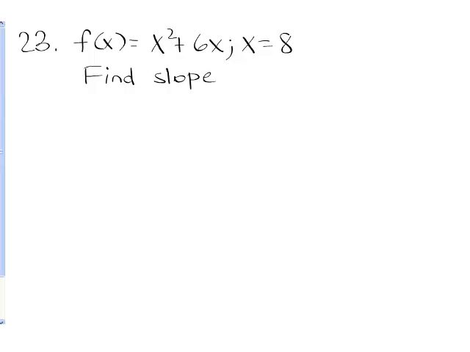So let's look at 23. I'll get us started. Okay, and you can double check. Okay, so on this one we want to find the slope at x equals 8, and we're going to have to use our limit process.